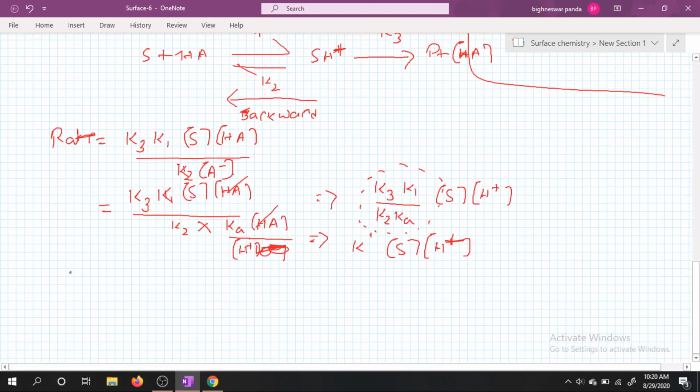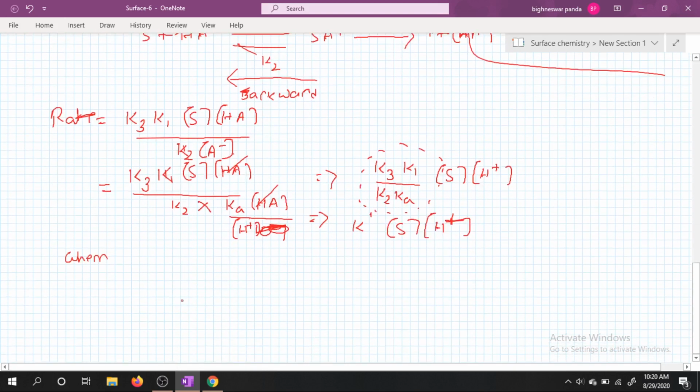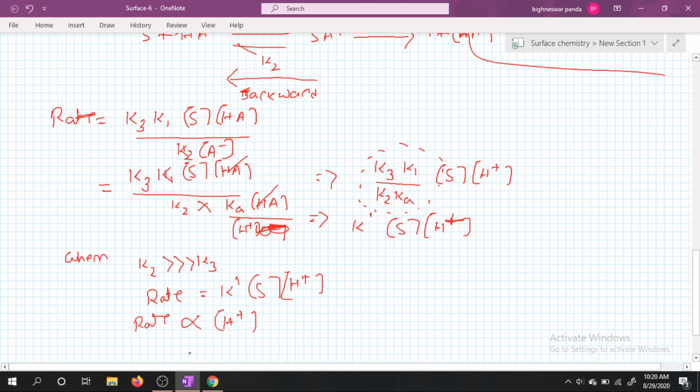So when K2 is very much greater than K3, rate equals K dash S H plus. So here the rate is directly proportional to the concentration of H plus, more is the concentration, and the reaction will move toward the backward direction.